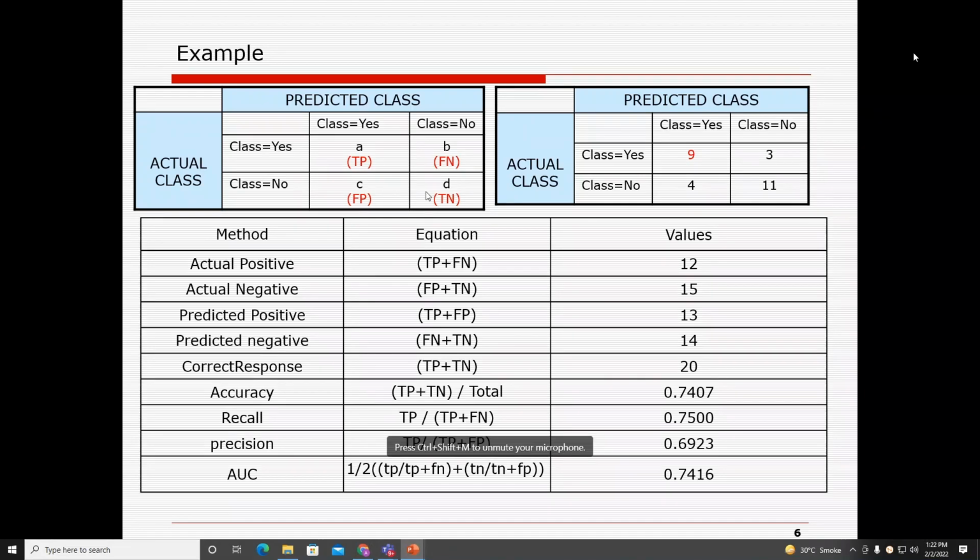Actual negative is FP plus TN, that is 4 plus 11, that is 15. Then predicted positive is TP plus FP, that is your first column, 9 plus 4, 13. Predicted negative is FN plus TN, that is your second column, 3 plus 11, 14. And correct response is both the classes, that is 9 plus 11, that is called the correct response.